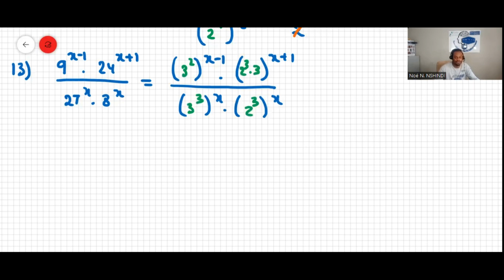So we're going to multiply the exponent. Remember here, it's not going to be 2x minus 1, it's going to be 2x minus 2, because we do 2 times x makes 2x, and 2 times negative 1 makes negative 2. So it's going to be 2x minus 2.